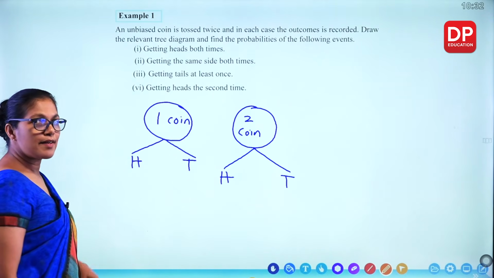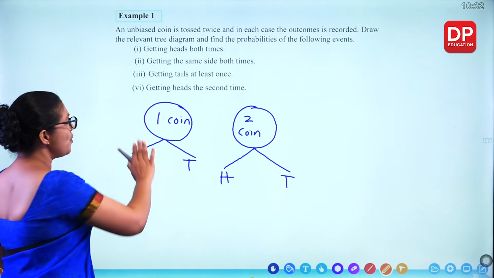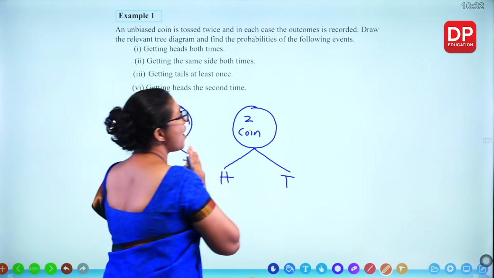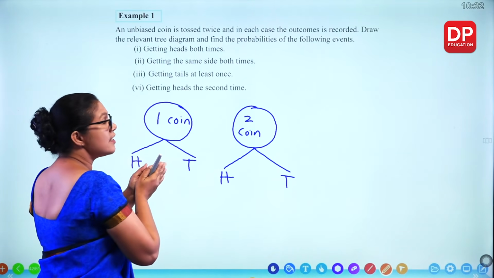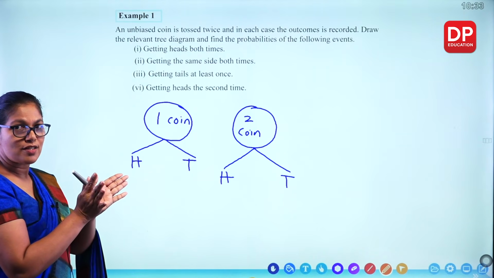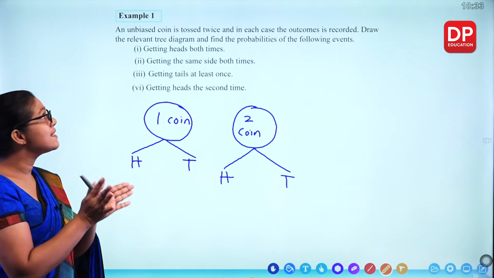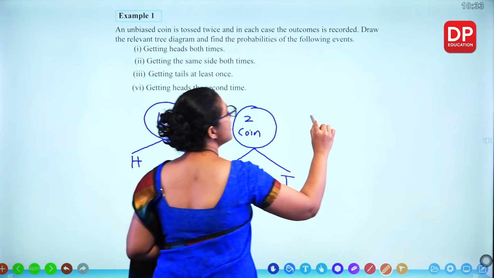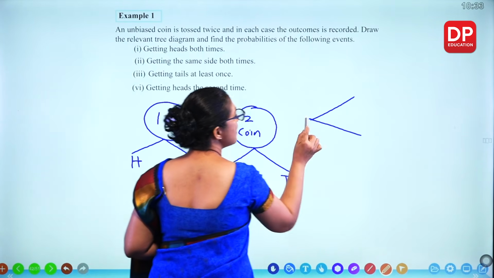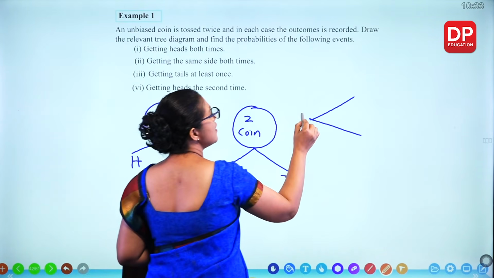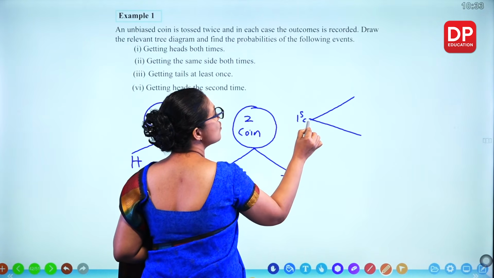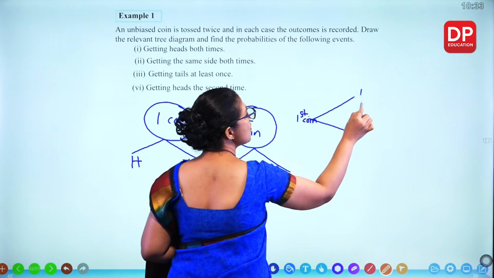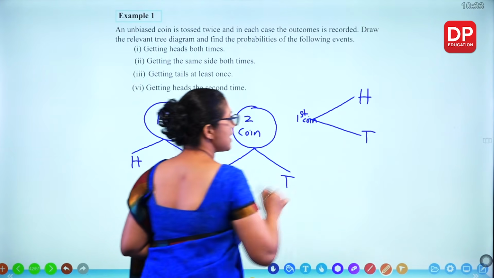In the tree diagram, what we do, we take this the other way around. So there are branches, 2 branches. In a tree, you get branches. So that's the basic idea about a tree diagram. So when you take the first coin, you get 2 branches, you can get head or tail.